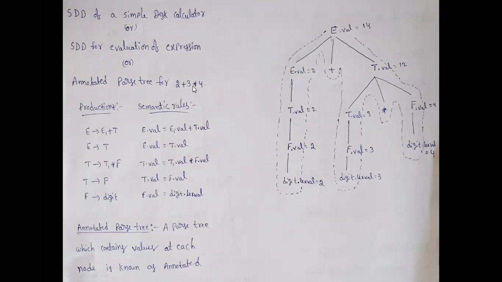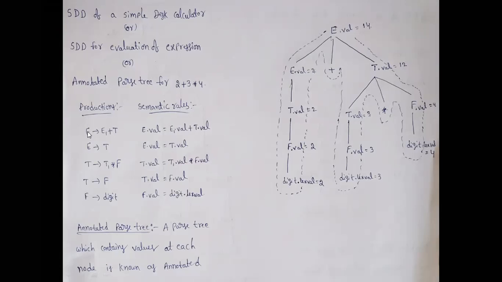First of all, we are going to write the annotated parse tree. First we construct the parse tree. We have the first production: E produces E plus T. E1 plus T means this E and this E are the same, but we have to show some difference.